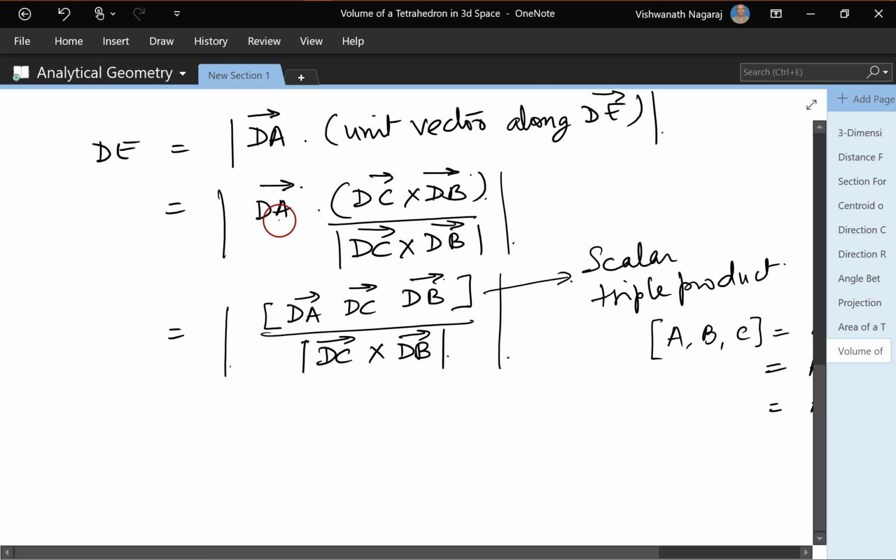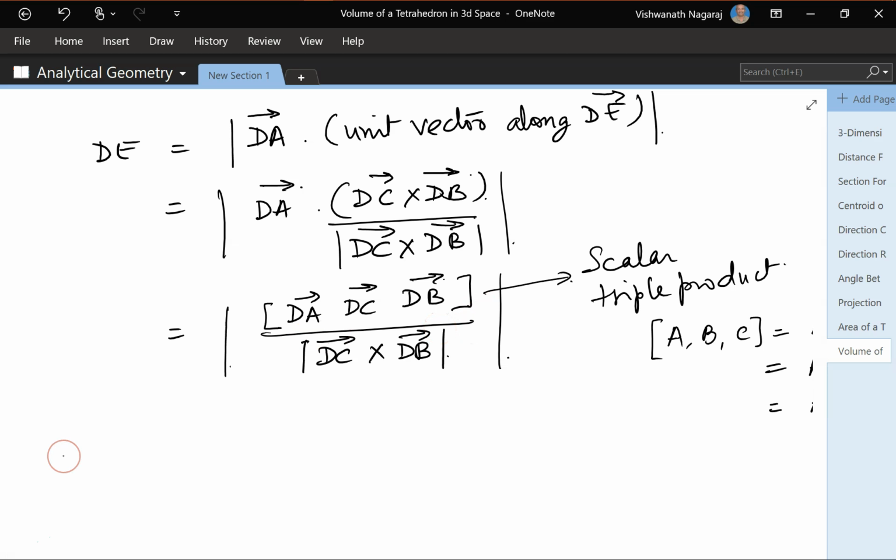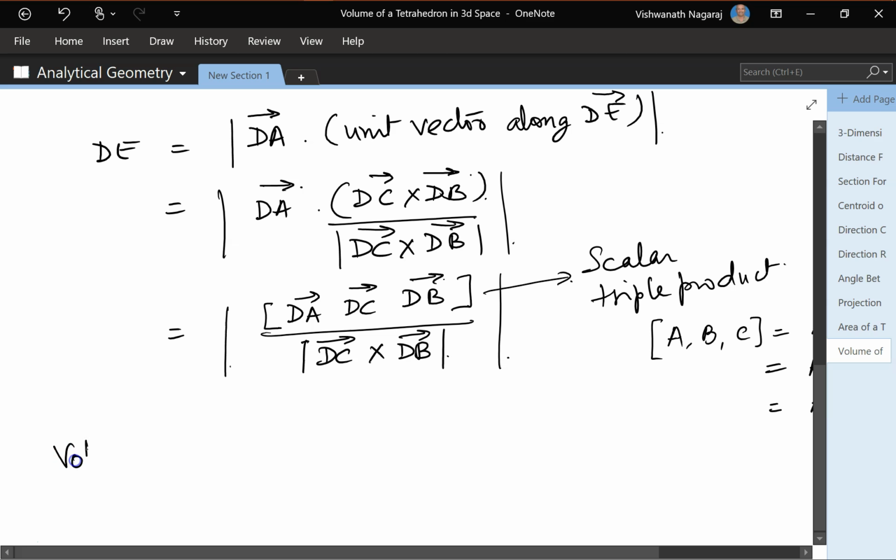Since we have DA dot DC cross DB, we can write it in the matrix form. Now, this was DE. If we want the volume of ABCD, this would be equal to 1/3 the area of the base.